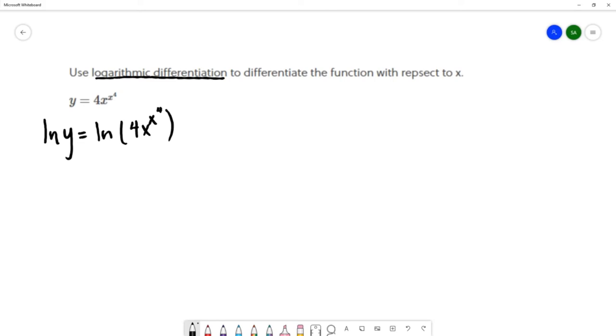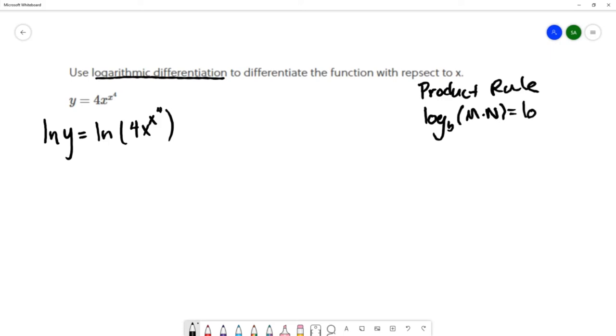So we're going to be using 2 of the properties of logarithms. Let me write those properties down on the right. We're going to use the product rule for logarithms, and the product rule says that if you have log base b of m times n, if you have a product inside your logarithm, then you can write that as the sum of individual logs.